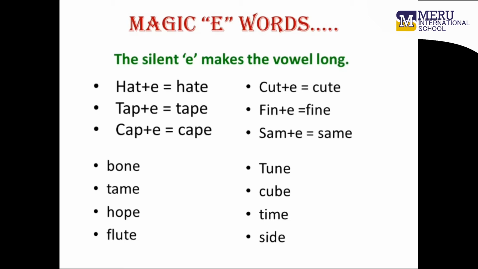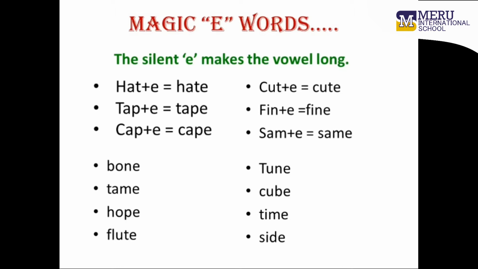We can see that all the vowels are changing their sounds to their name when E is added to the end of the word. You can see a few more examples such as bone, tame, hope, flute, tune, cube, time, side.